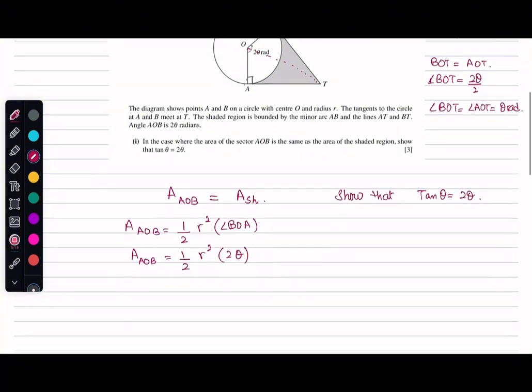Or here I can say that the area of AOB is equal to r square theta. The 2's get simplified and I will be having an r square theta here.